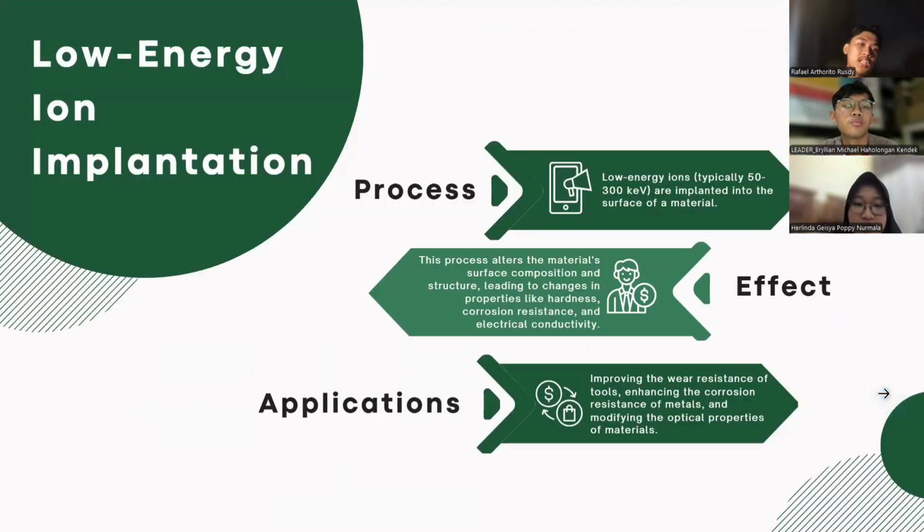First, for low energy ion implantation, the process uses low energy ions, typically around 50 to 300 keV. And this process will have an impact on material surface composition and structure, such as hardness, corrosion resistance, and electrical conductivity.